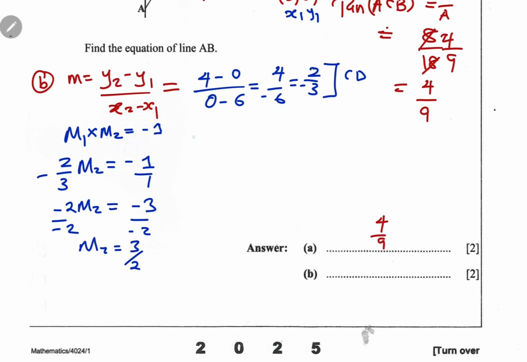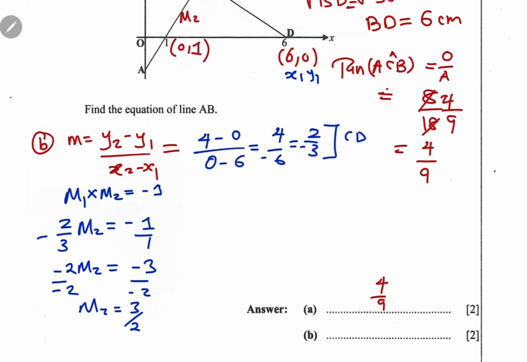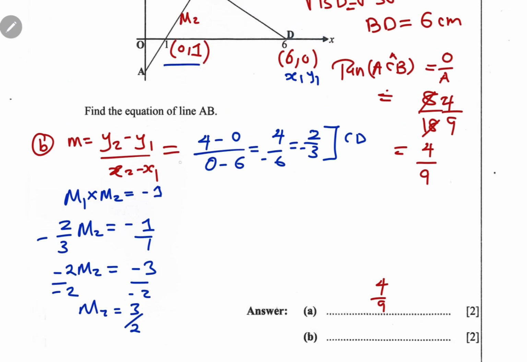Now that we have the gradient, we can find the equation. This line is passing through the point. So I can say y minus y1 is equal to m times x minus x1. So this point, this is x1, that is y1.